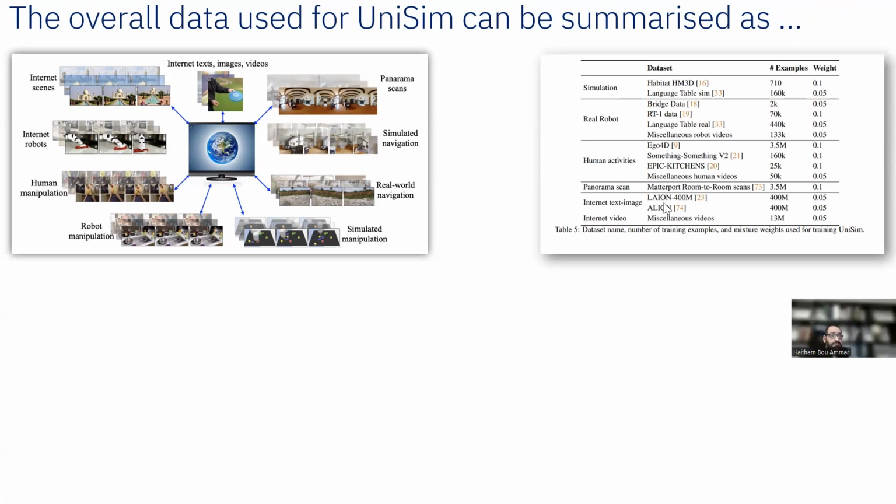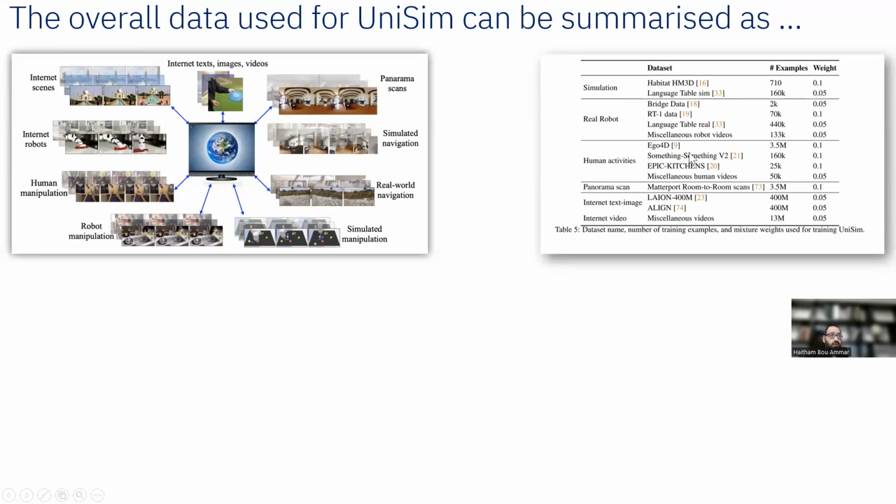So in detail, the data they have used looks like this. You have simulation data, Habitat HM3D, language table data, simulation, real-world robot data, Bridge data, RT-1 data, language table, real data, and miscellaneous robotic videos. They said in the paper that those are kind of proprietary data sets that they make use of.